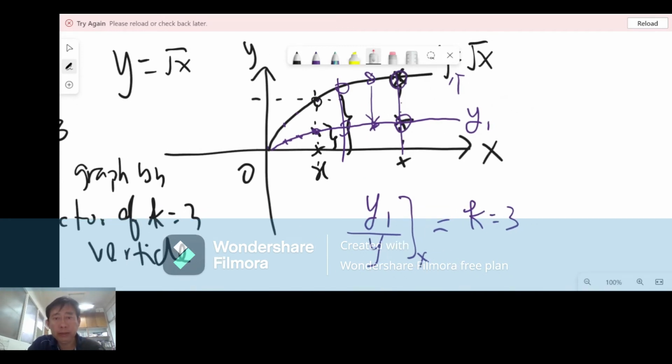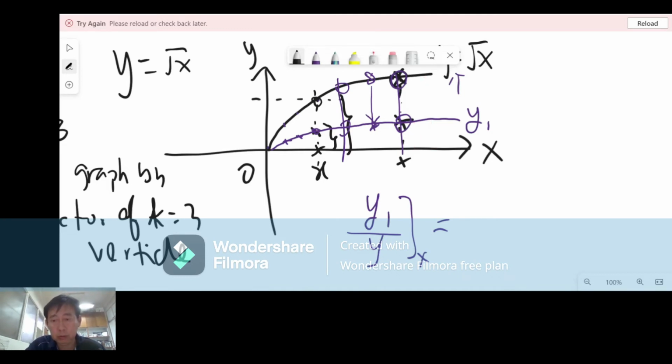So based on this mathematical expression that relates the values of the original function to the compressed function, which is always equal to 3. No, I think that is something which is not quite true. So I'm sorry, this is not equal to 3. The ratio of y1 to y is always 1 to 3.